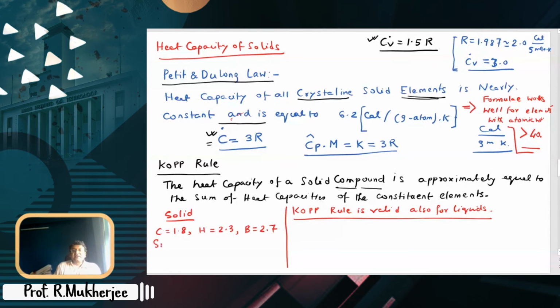Even in a closed book examination, these numbers will be provided in a help box. Please do not worry, right? And you can see the deviation from the classical statement of Petit-Dulong law, because that talked about crystalline solid elements. What you have is some values for elements, but not all of them are solid, not all of them are crystalline.